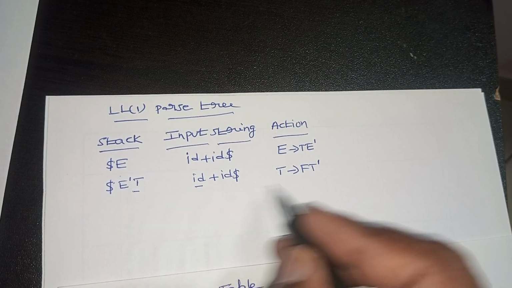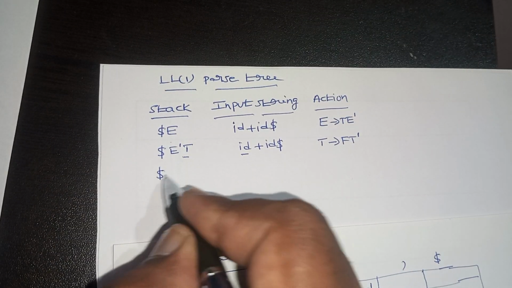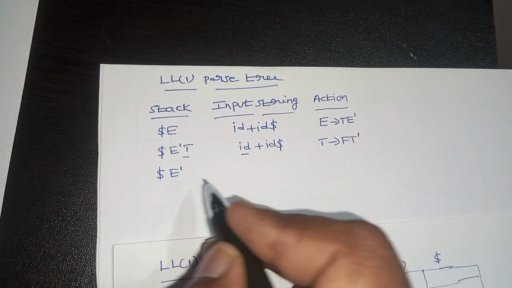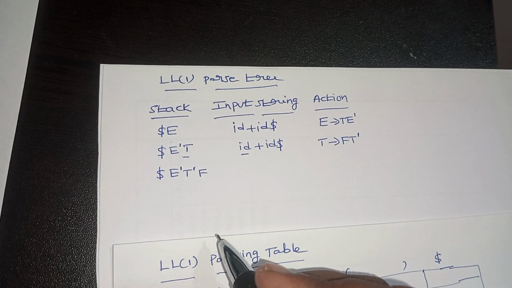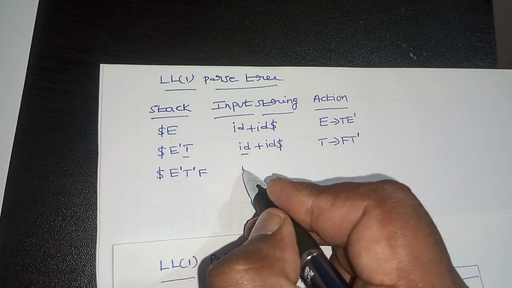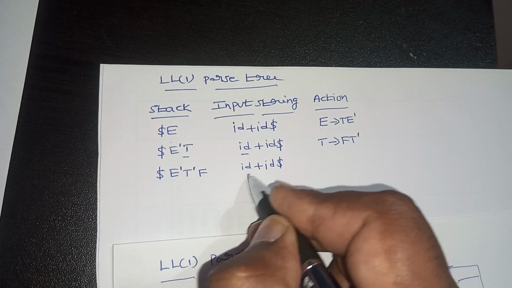In the place of T, you write this in the reverse order: dollar E dash T dash F. The input string is id plus id dollar.